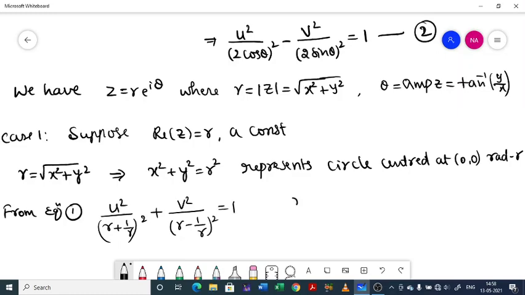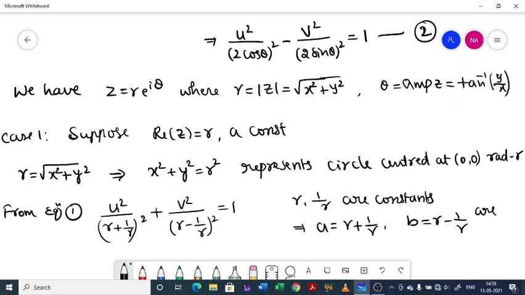Now R and 1 by R are constants. The sum of two constants and the difference of two constants are again constants.